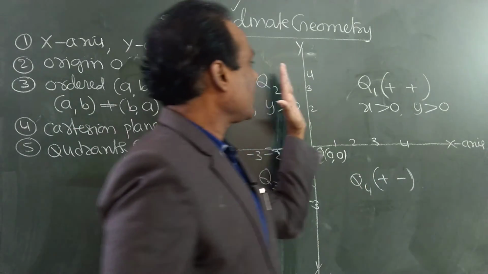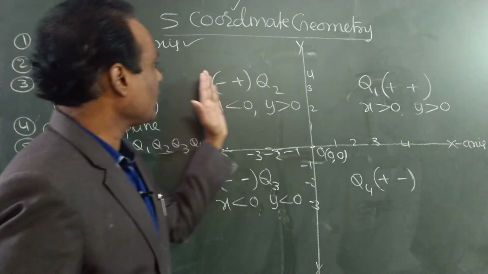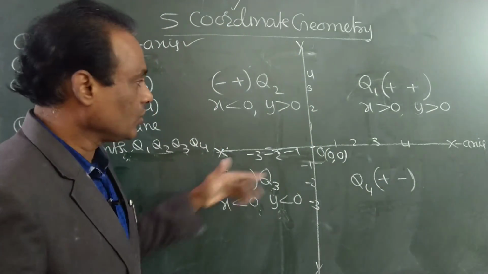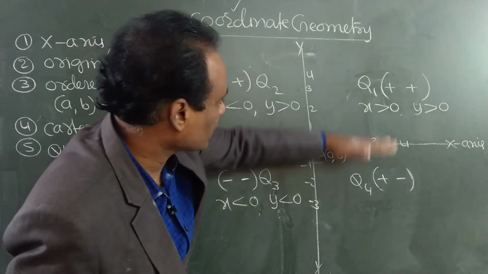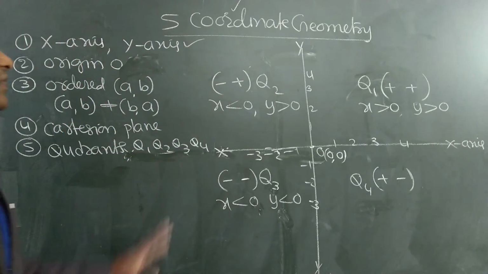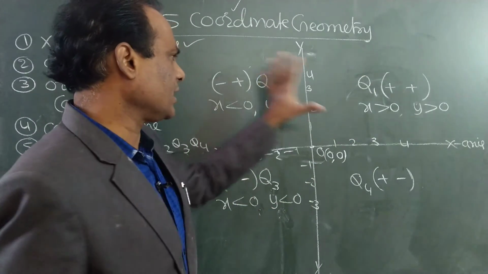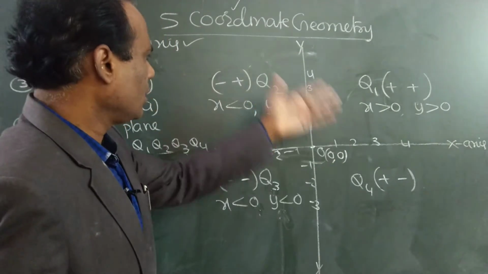That means right side of y axis x values are positive, left side of y axis x values are negative. So above the x axis y values are positive, below the x axis y values are negative. So this is the important figure. From this you can solve many problems.